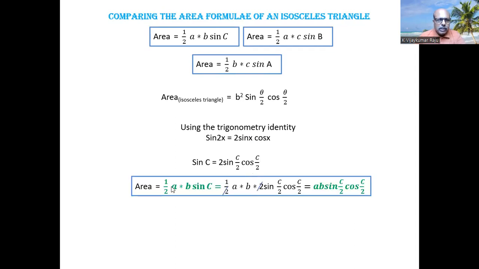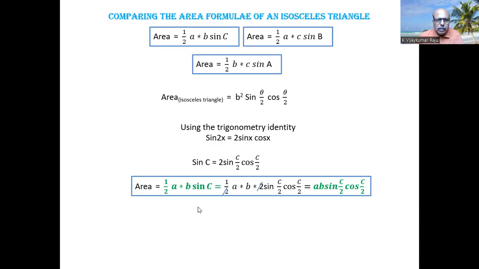So the area of the triangle is half into A into B into sine C, that is half into A into B, 2 sine C by 2 cos C by 2. The 2 cancels, so AB sine C by 2 cos C by 2. Here in this isosceles triangle, both sides were equal, so it became B into B. Where it is not equal, it is A into B sine C by 2 cos C by 2.